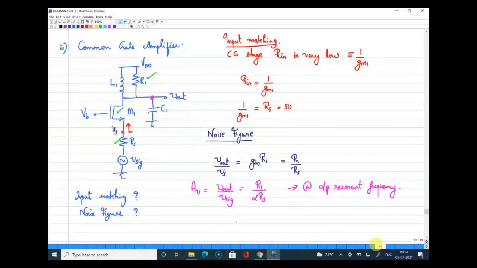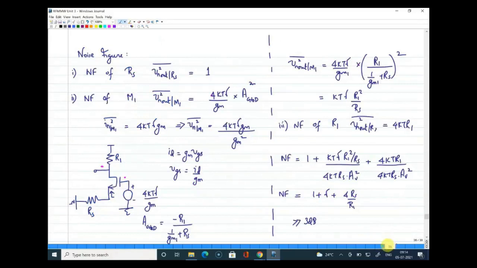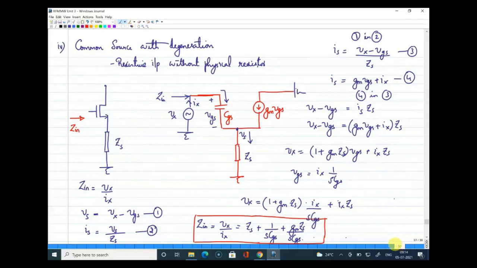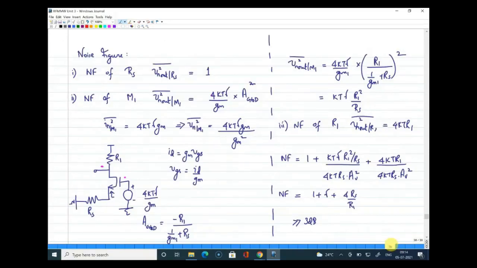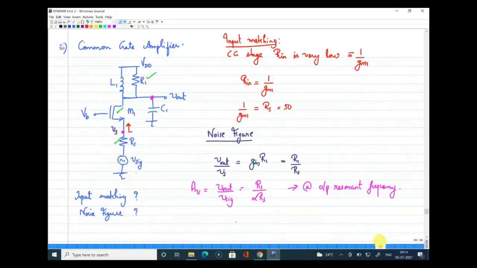So it was easy to match to the input impedance requirement. When we looked at the noise figure, it is coming very close to 3 dB or more than 3 dB. I mentioned that we will go back to common gate and do some modifications here so that we can make this configuration also a useful one.